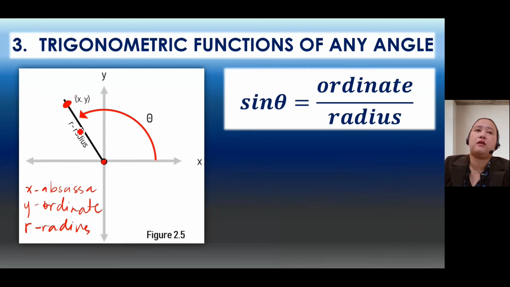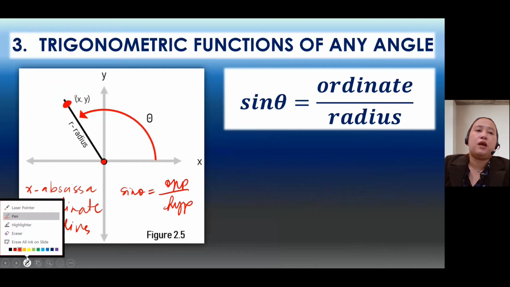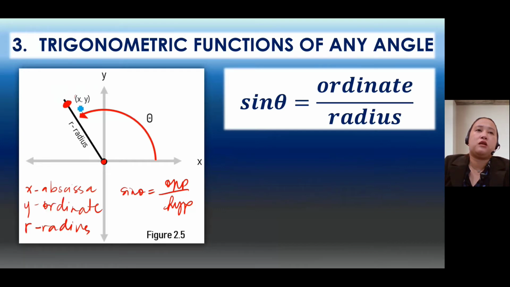Since we discussed before that sine theta is equivalent to opposite over the hypotenuse, considering the angle, we can actually create a right triangle here by putting a vertical or perpendicular line.